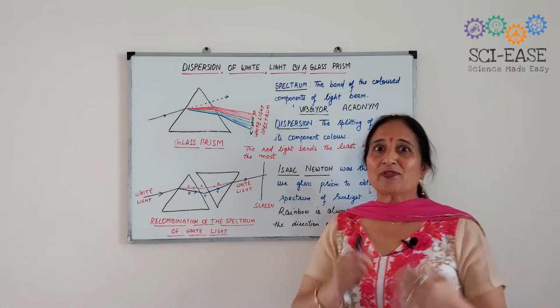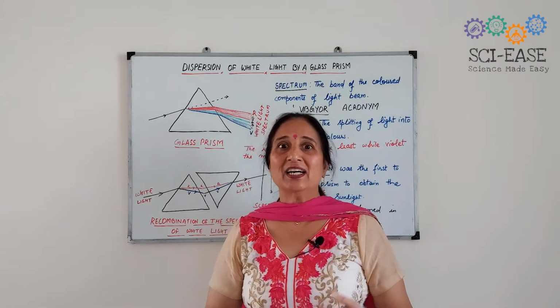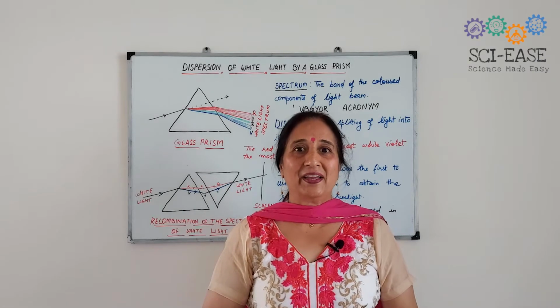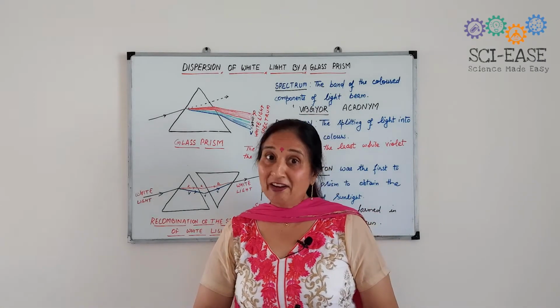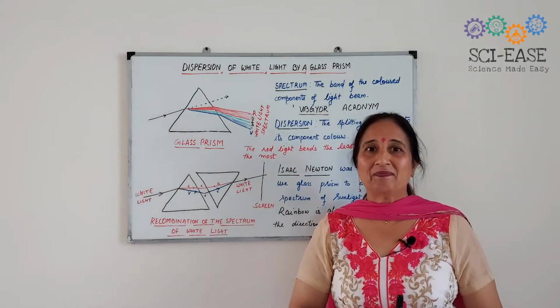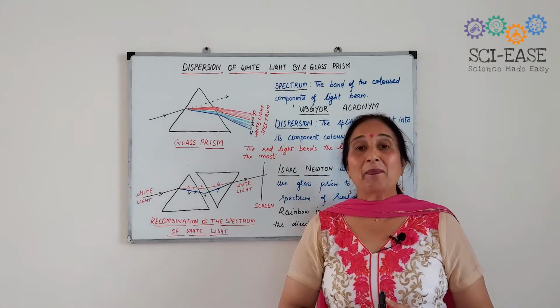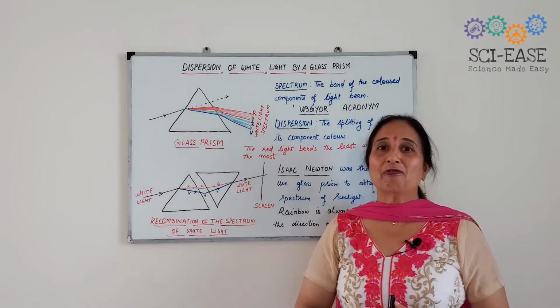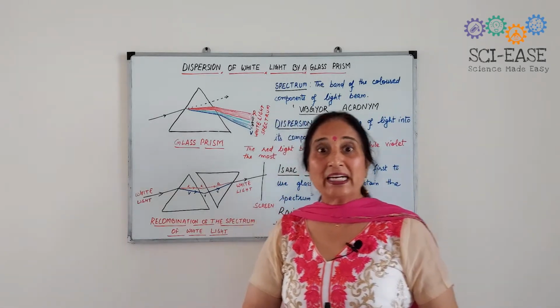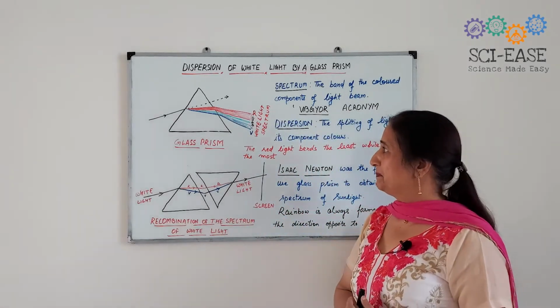What is the cause of this formation of different colors in the sky? That I will explain later on. But first, I will tell you about the dispersion of white light by a glass prism.